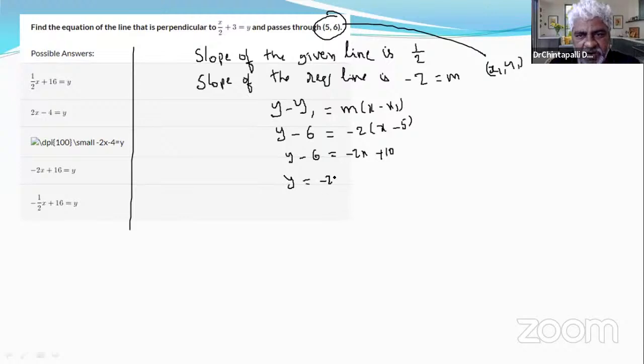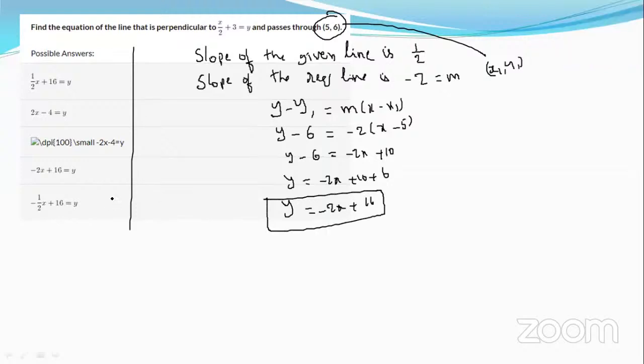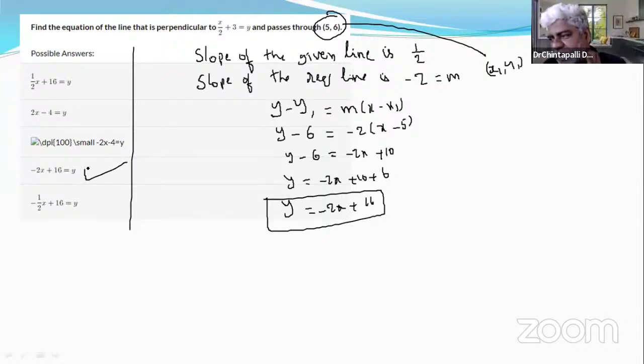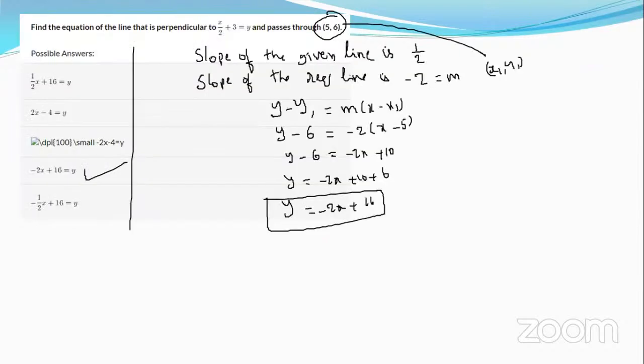Then y is equal to negative 2x plus 10 plus 6. So y is equal to negative 2x plus 16. Option 4. So it is better to learn to analyze the given sum in as many ways as possible. Multi-dimensional thinking about that.